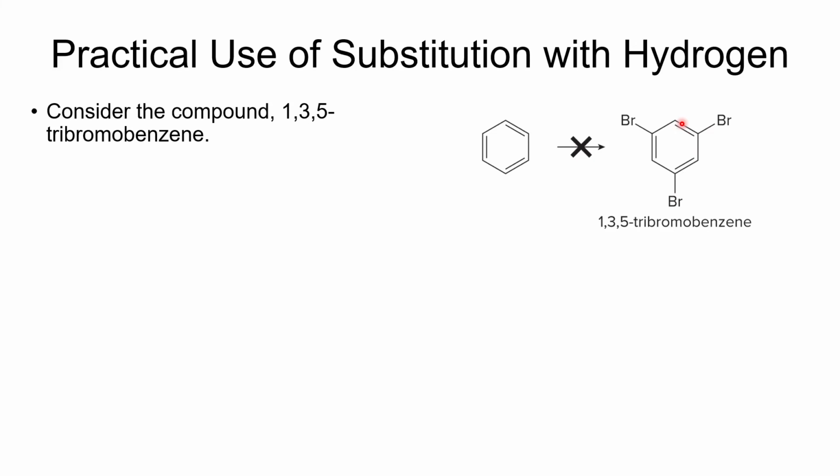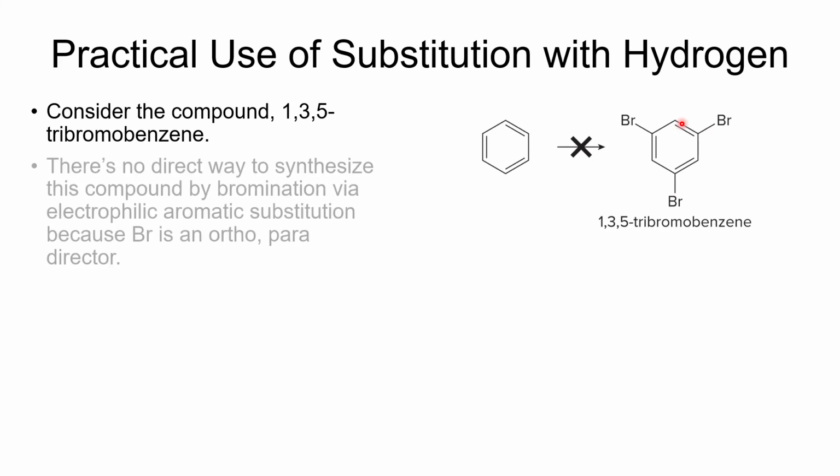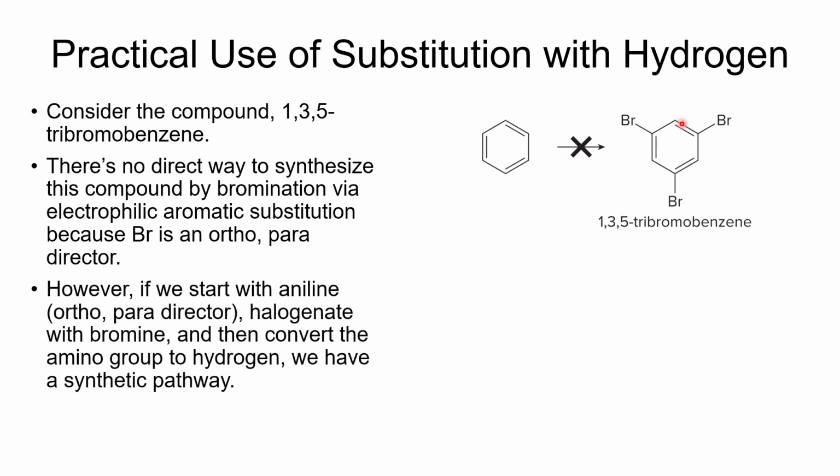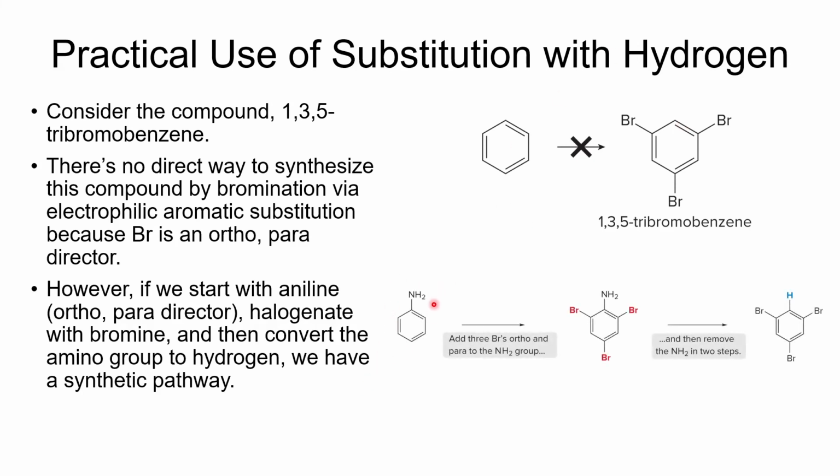So the way we could use this potentially would be to start with our ortho para director aniline, all right, which is a very strong ortho para director, put it in the presence of bromine and iron 3 bromide, and we would get this tribromoaniline, so the 2,4,6-tribromoaniline.